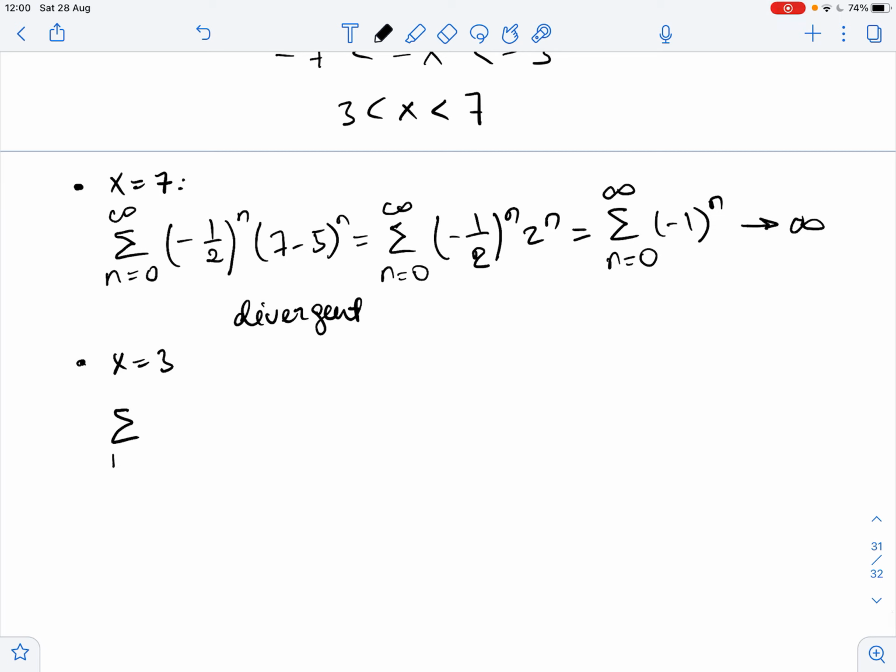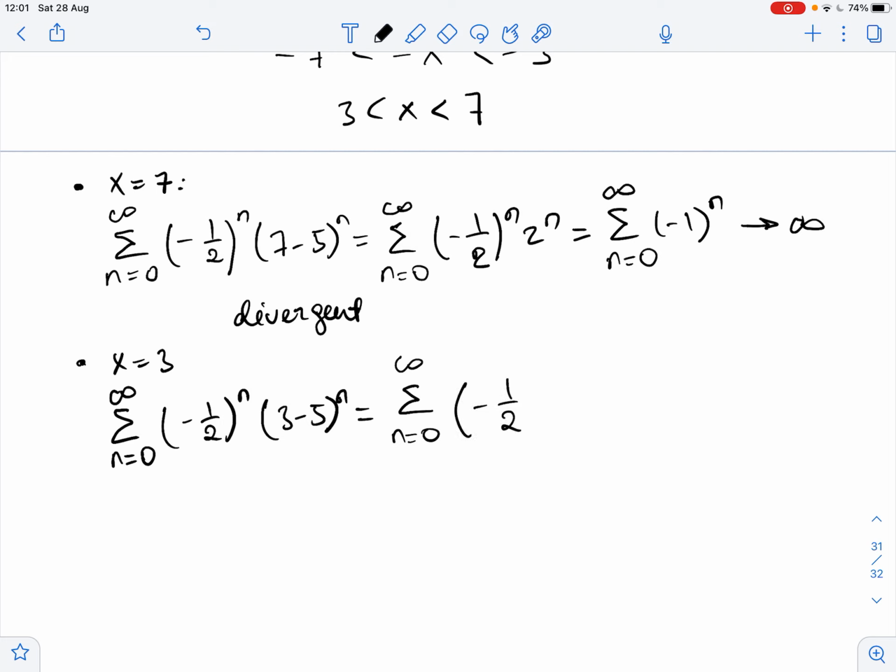And let's check x equals 3. In this point our series becomes the sum from n equals 0 to infinity of negative 1 over 2 to the power of n times 3 minus 5 to the power of n. It equals the sum from n equals 0 to infinity of negative 1 over 2 to the power of n times negative 2 to the power of n.